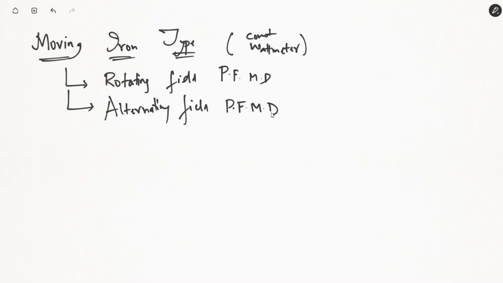One is the rotating magnetic type, that's actually working on the principle of rotating. That means actually a rotating magnetic field will be generated in such a type, while in case of alternating field type, you will have alternating field. We'll see to that.